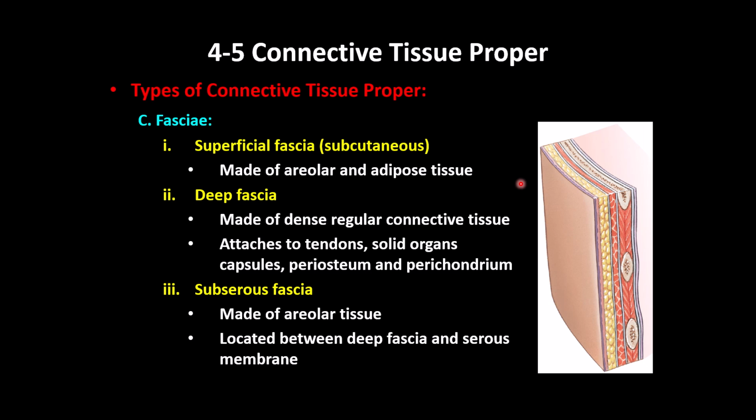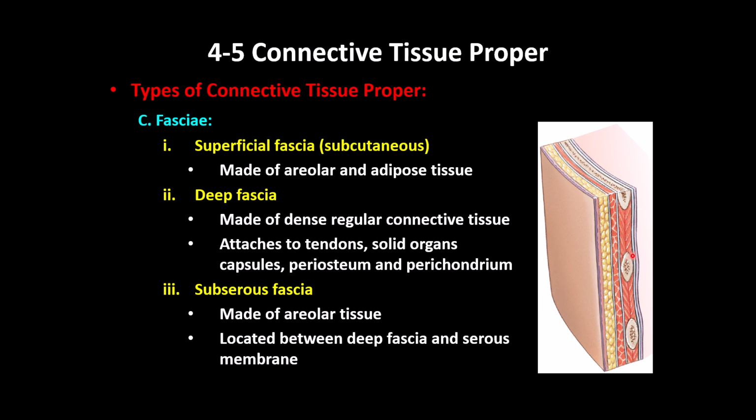It wraps around the solid organs and wraps around the bones and wraps around the cartilages. So it's usually around this area. But you cannot see all of them in this area. And the third one is called subserous fascia, and this is again similar to superficial fascia.